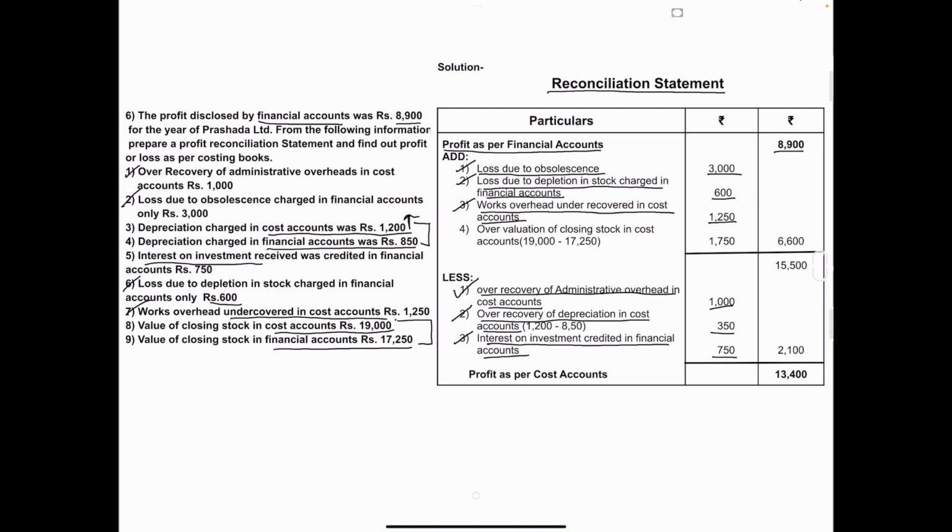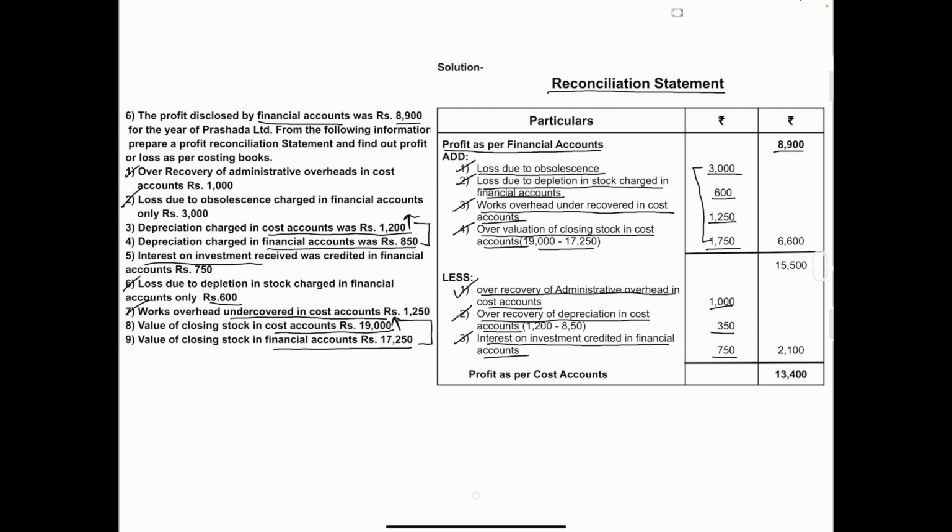Means there is an overvaluation of closing stock in cost accounts as compared to financial accounts and it is to be added. So number 4, overvaluation of closing stock in cost accounts, and in bracket write 19,000 minus 17,250, and the difference amount you will get is 1,750.